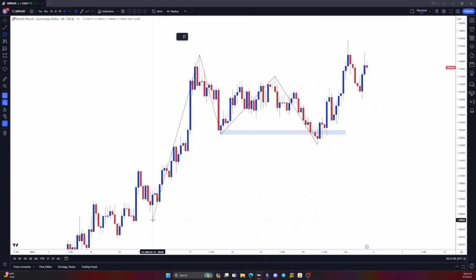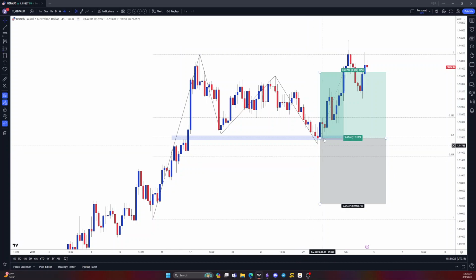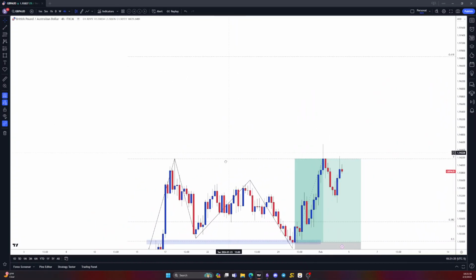Because if we set our stop beneath the Fibonacci level, this is what it will look like. We get an entry off of the 50 Fibonacci level here. It's our kill zone right here. We place our entry off the single leg formation, so off the close of this candle, and our stop goes beneath this 61.8, and our target goes at this high or at an extension level.